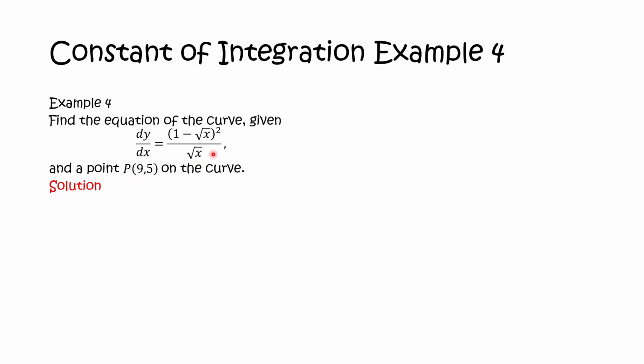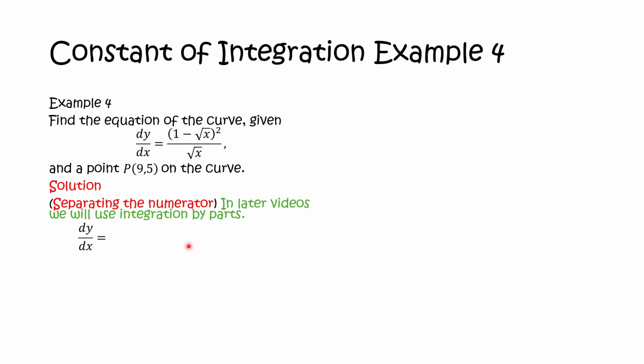So with example 4, find the equation of the curve given dy dx is equal to 1 minus root of x, squared, all over the root of x. So that is passing through a point P with coordinates 9, 5 on the curve. So we would know that it will be easier for us to separate the numerator, or rather expand the brackets, to simplify our work.